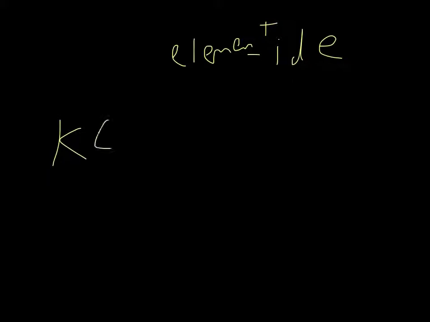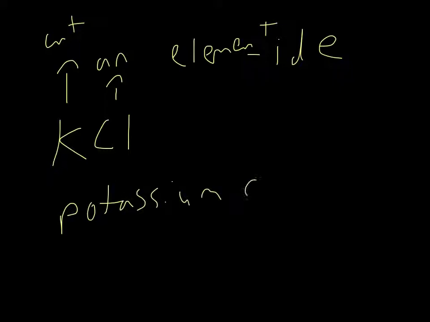Alright, well, when you're just using single anions versus polyatomic ions, you don't use the ite or the ate. You use an IDE ending on the end of their element. So, for example, KCl, that's potassium with chlorine. Potassium is the cation, chlorine the anion, and it is potassium chloride.